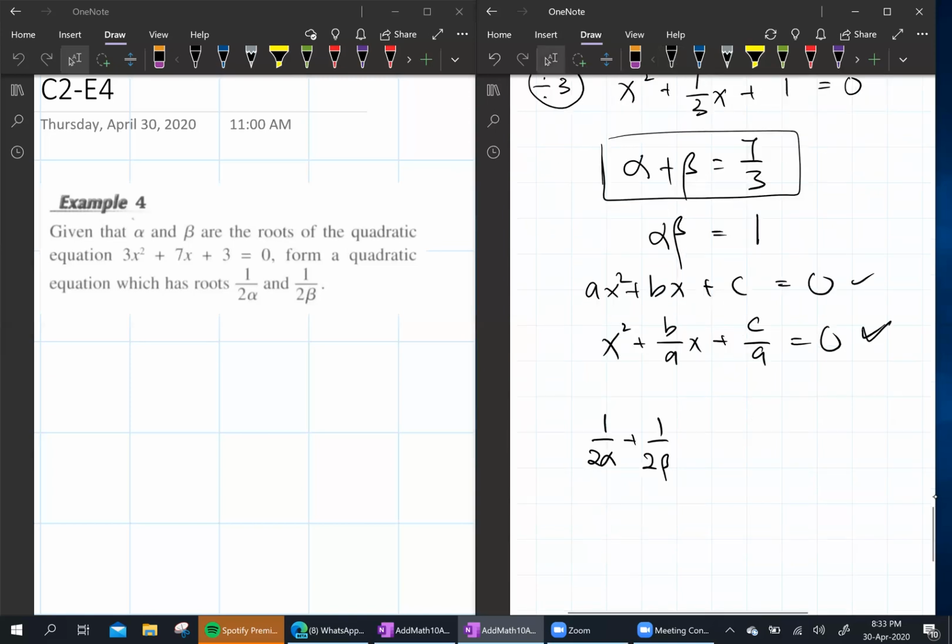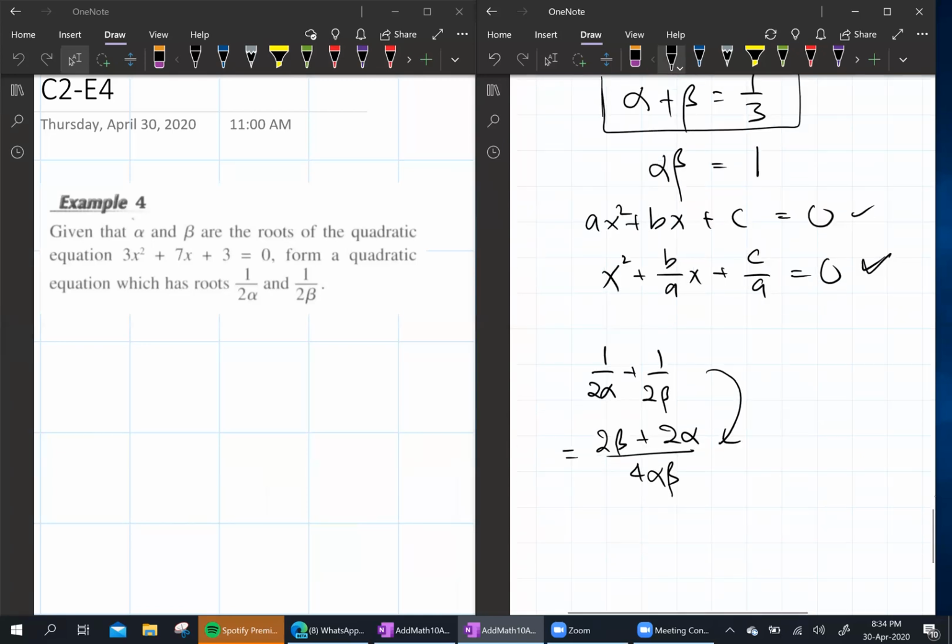Okay. So in order to do this, what you need to do is, the denominator becomes what? 4 alpha beta on top, 2 beta plus 2 alpha. Here to here, you factorize 2 out, you get alpha plus beta over 4 alpha beta.